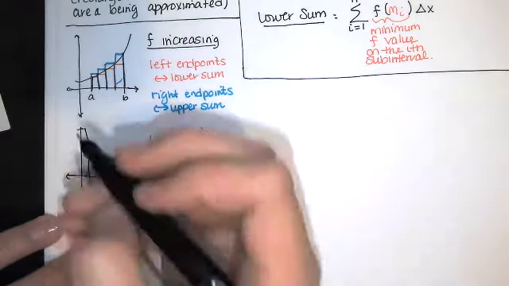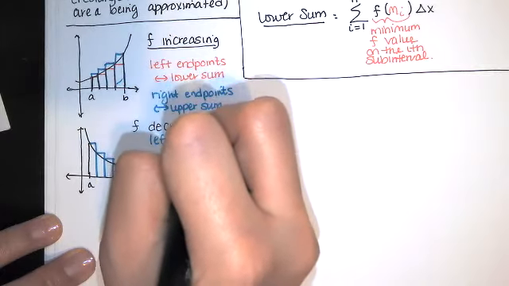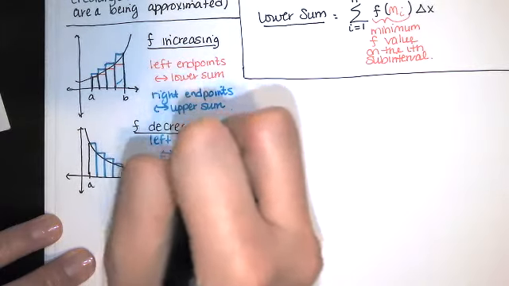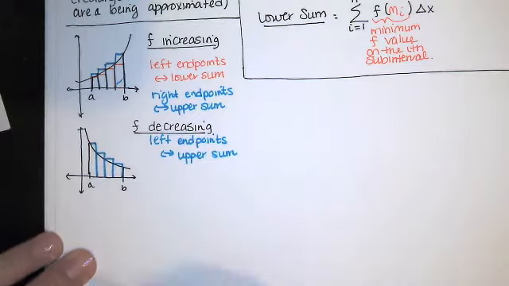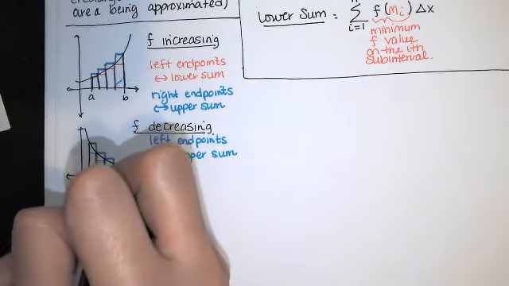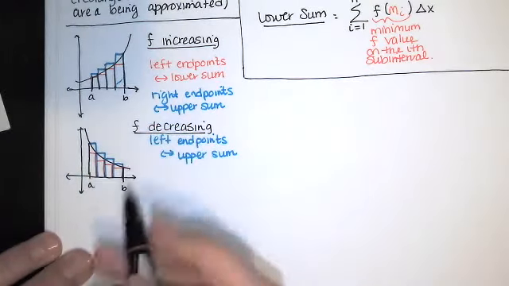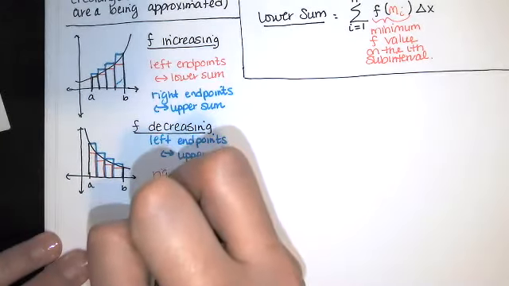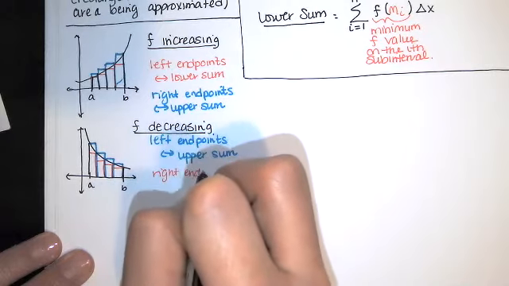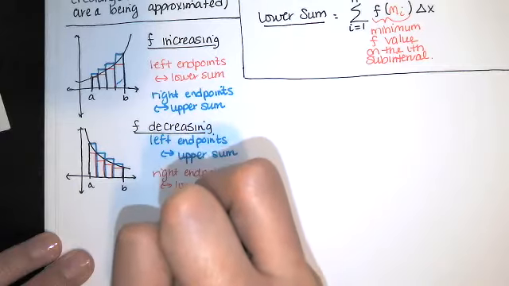This is only if the function is decreasing. And if I use the right endpoints instead, well, since the function's decreasing, that's going to be the smallest y value on the interval. So the right endpoints will correspond to lower sums.